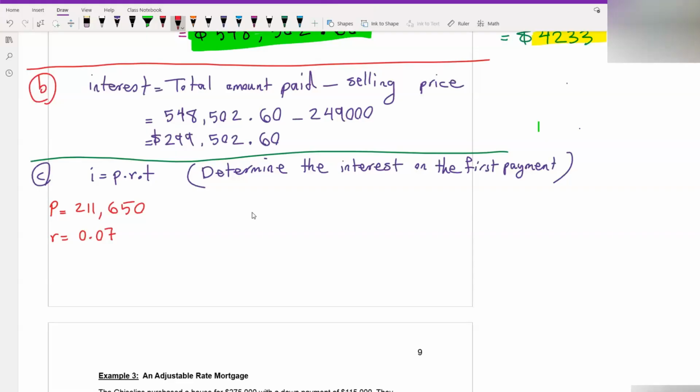And time is, since we have monthly payment and I want to have this time in year, so 1 month. Converting this to year, I have to divide by how many months we have in a year. So it's 12. 1/12. This is here.